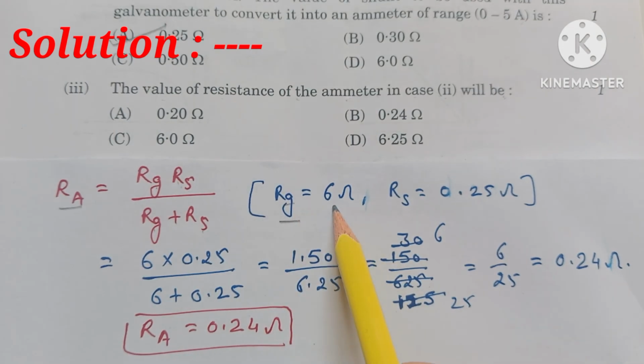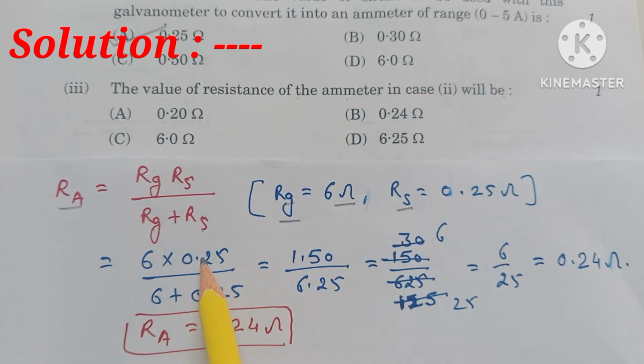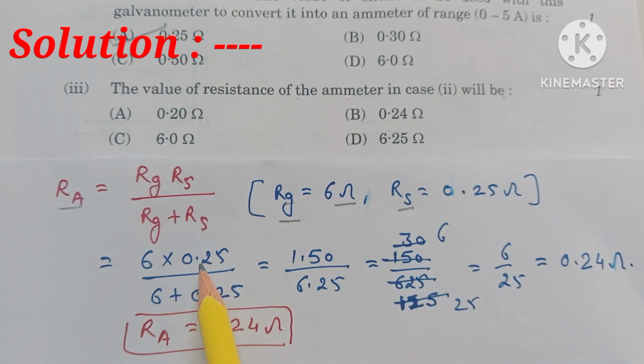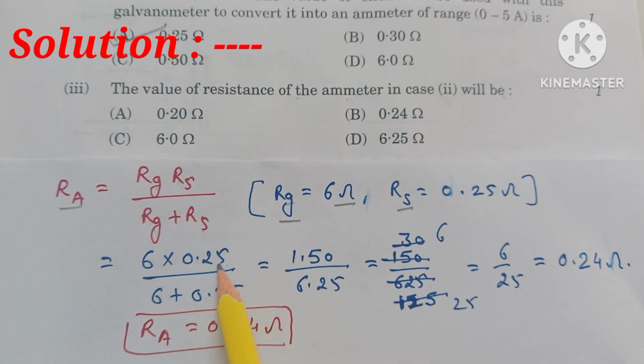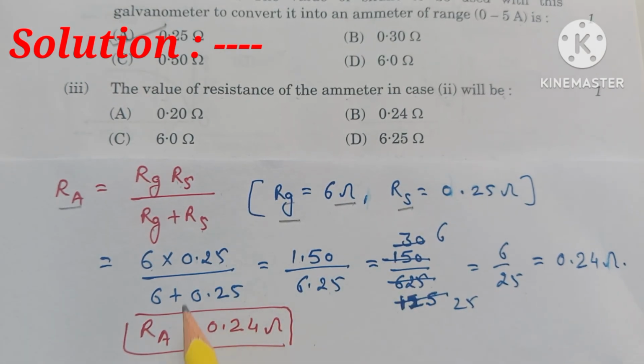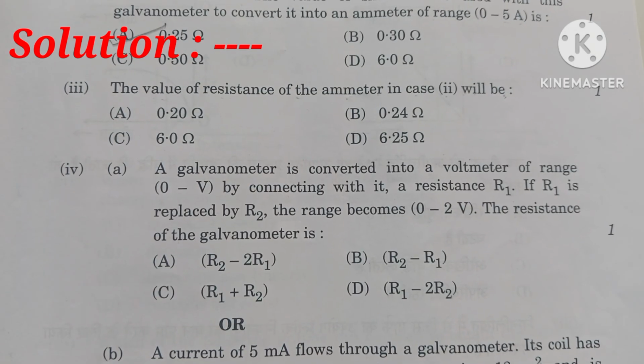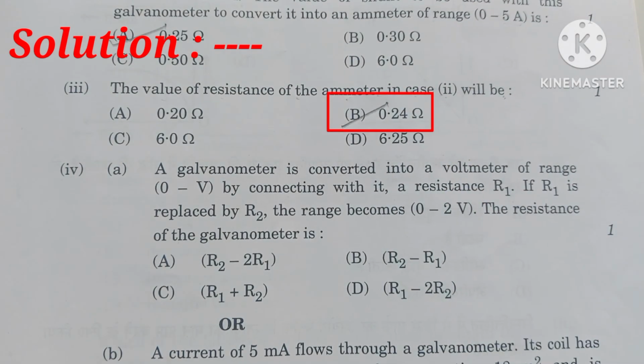The resistance of galvanometer is 6 ohm and shunt resistance is 0.25. By putting the values of Rg and Rs in this equation, we get 6 multiplied by 0.25 over 6 plus 0.25, that is 1.50 over 6.25. By solving this we get the resistance of ammeter equal to 0.24 ohm. So in this question B option is the correct option.